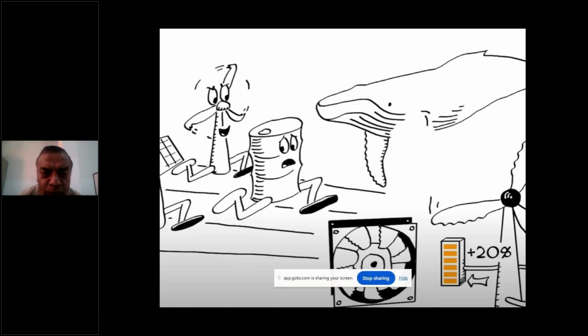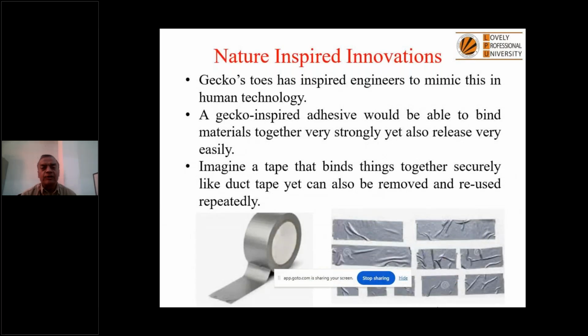Next example, I go to the nature inspired innovations. Geckos' toes have inspired engineers to mimic this in human technology. For example, gecko inspired adhesive would be able to bind materials together very strongly, yet also release very easily.